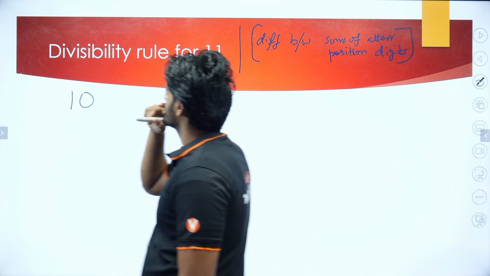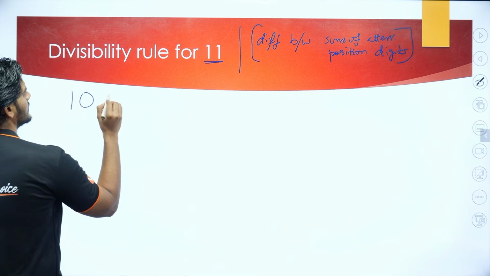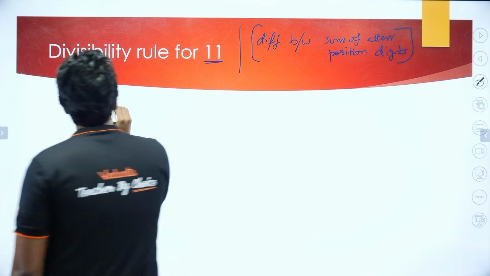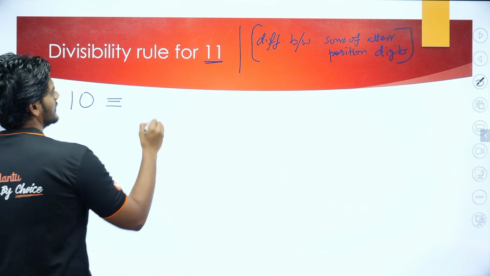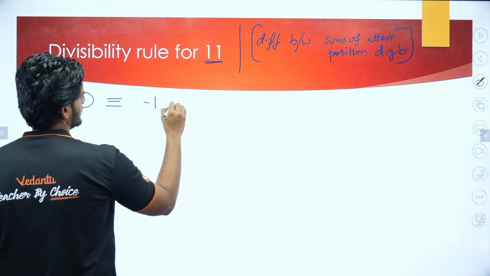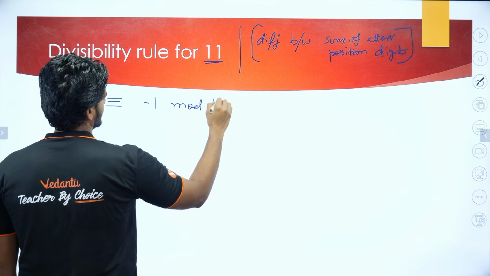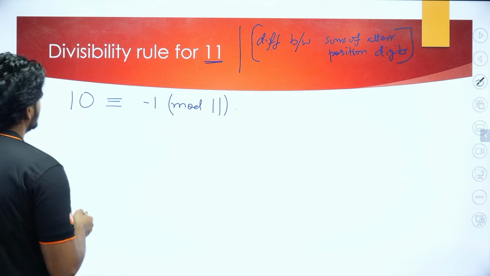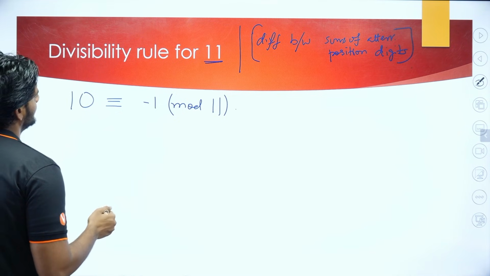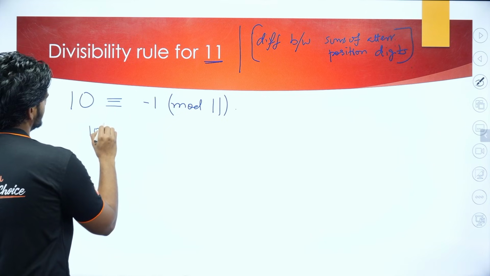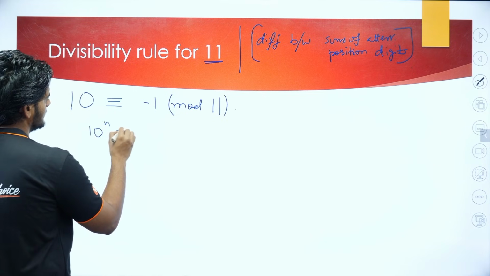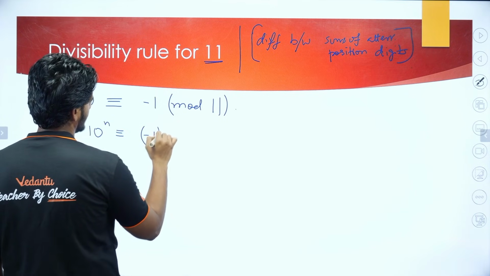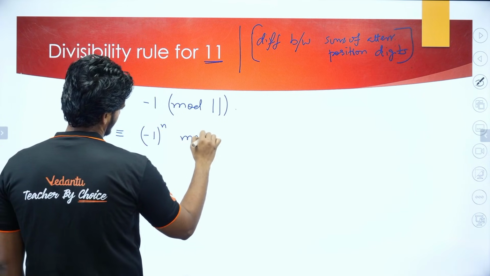Now, 10 is congruent to -1 mod 11, isn't it? That is correct. So 10 to the power n, for any n, will be congruent to (-1) to the power n mod 11.